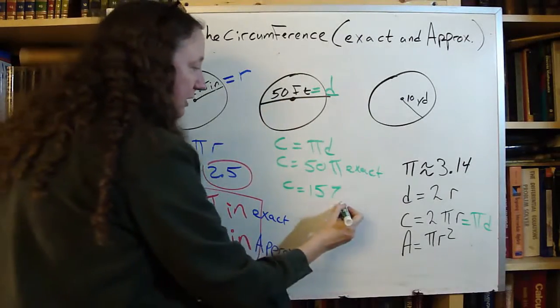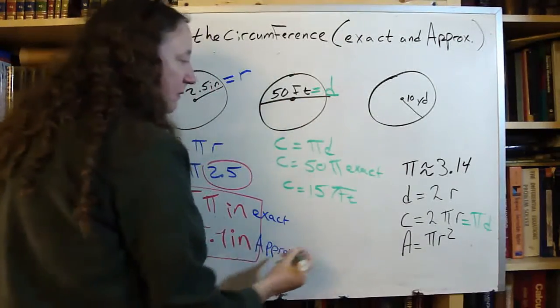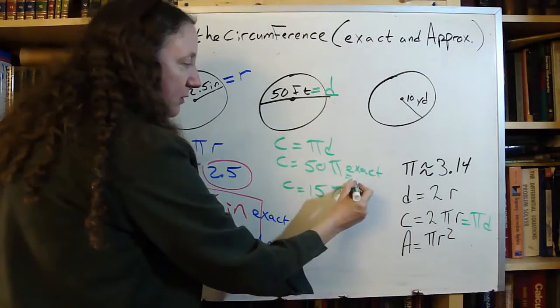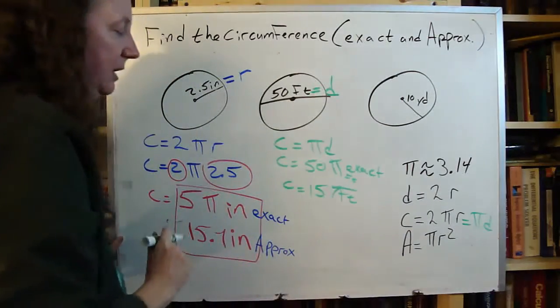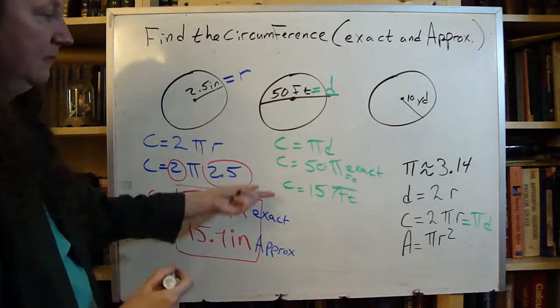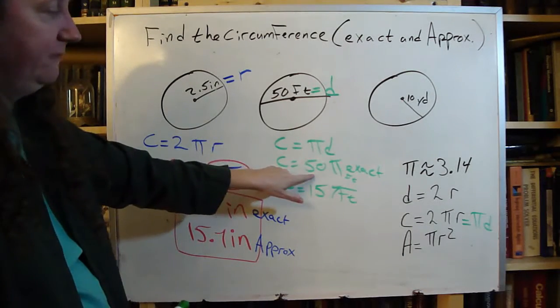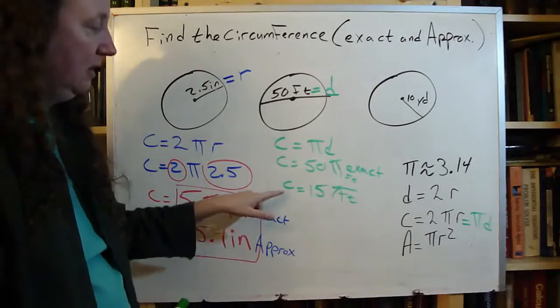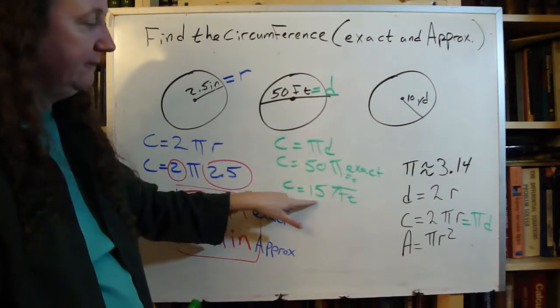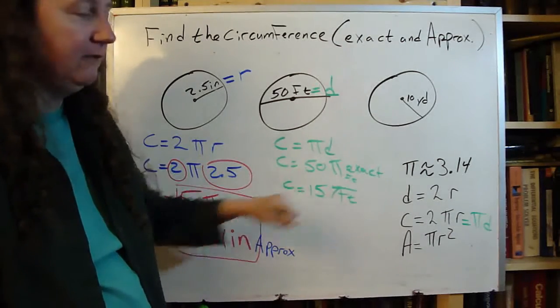Throw my units on the end. Forgot to throw my units on the end there, so I'm going to just squeeze them in. Got my two answers. My exact answer, 50 pi feet. My approximate answer, 157 feet.